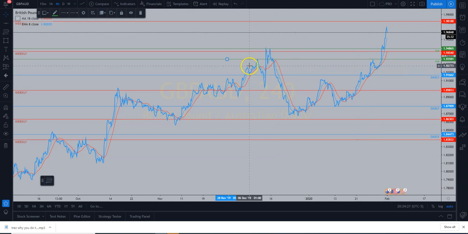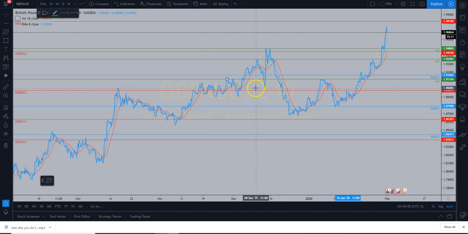Support here, resistance here. So Control V again, drag this down. We got another good zone around here.